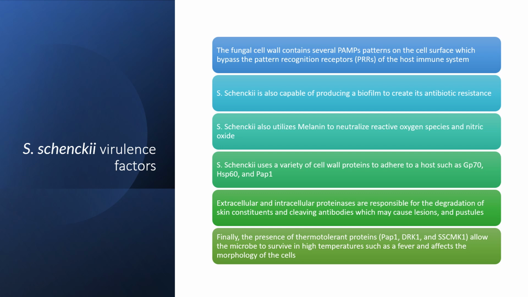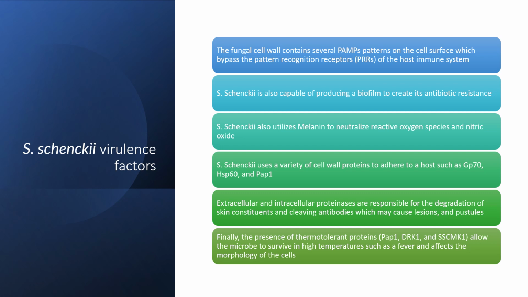Most symptoms are lesions or pustules resulting from extracellular and intracellular proteinases that degrade skin constituents and cleave antibodies, ultimately causing many of the symptoms associated with sporotrichosis.